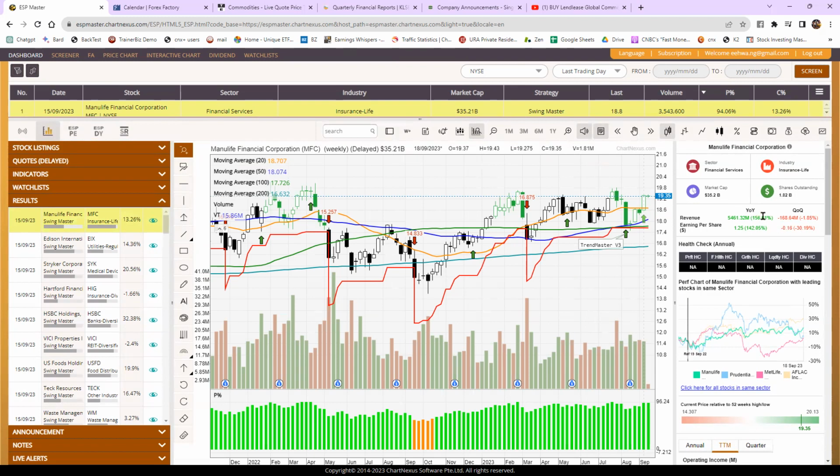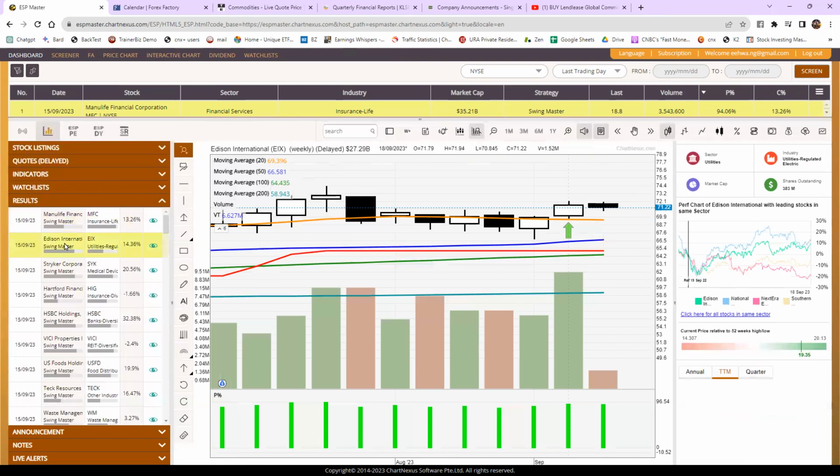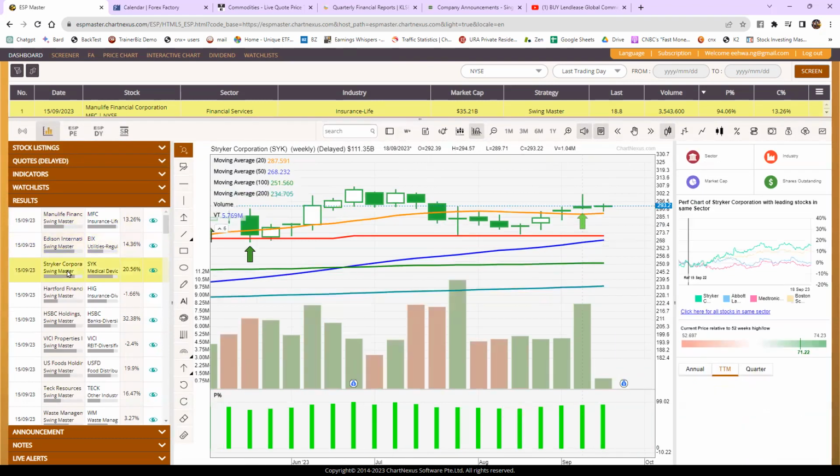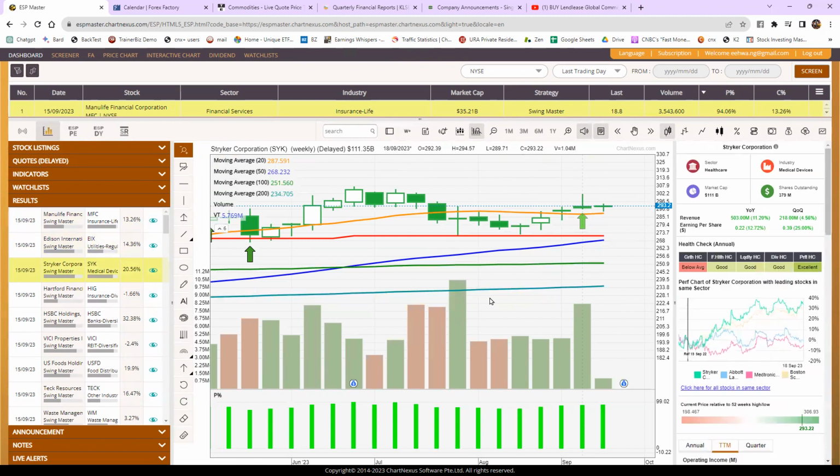If you see everything green, it means the company is enjoying sales revenue growth and earnings per share growth. If you do not see everything green, I choose to ignore the stock and go to the next one. This makes it very fast and quick to go through the list.